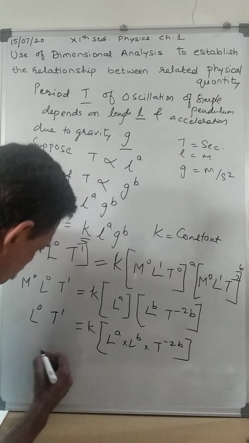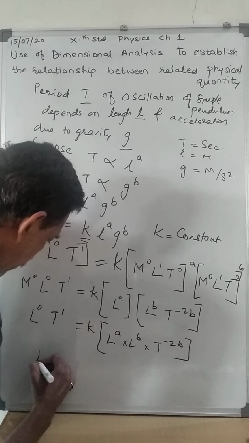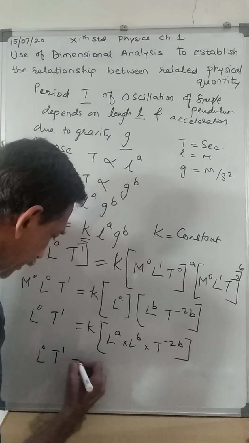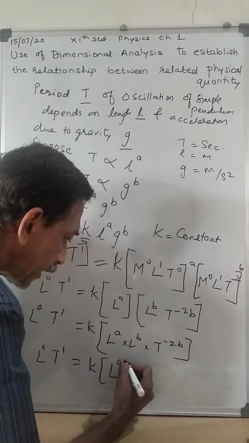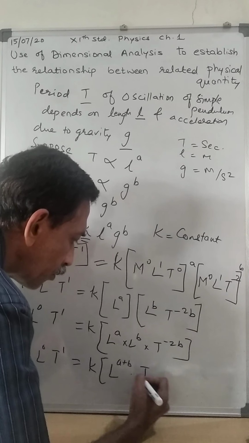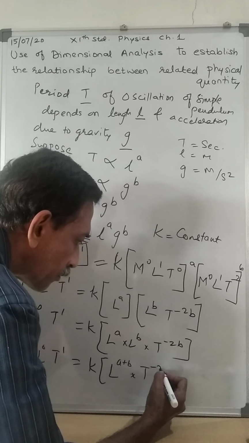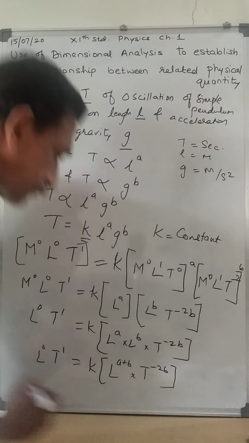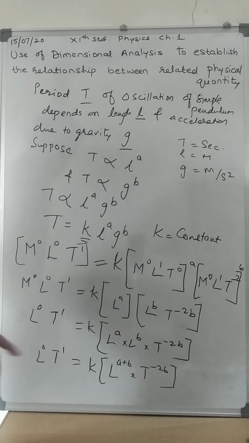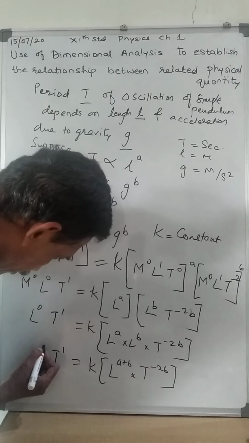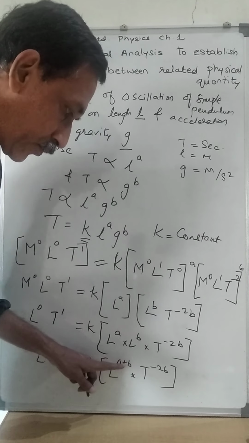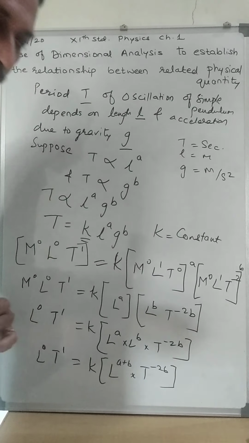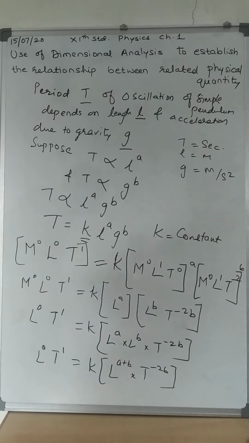Combine both the brackets. So we get L raised to 0, T raised to 1 is equal to K, L raised to A plus B, into T raised to minus 2B.